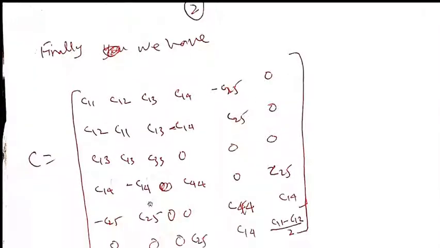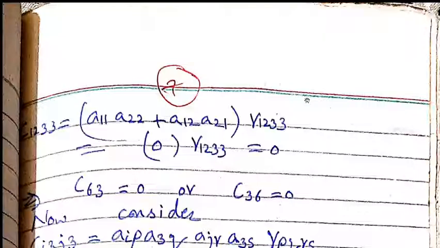Finally we have this type, some are 0 and some are equal with each other. That is, C24 is equal to minus C14. And this is the case. C11 1 1, and what is 4? 4 is 1 3. So there is only 1 3. This is the case. There is only 1 3 1. This is the case. There is 1 3.